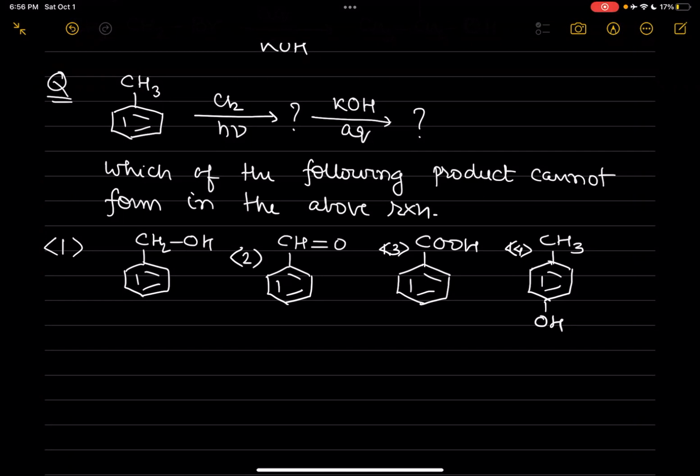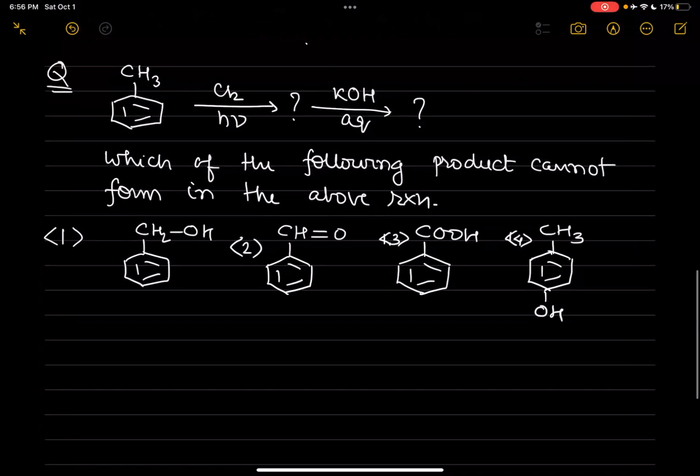There are two types of chlorination which can occur in this place. One is chlorination of the benzene ring, another is chlorination of the alkyl side chain. You need to concentrate on that.